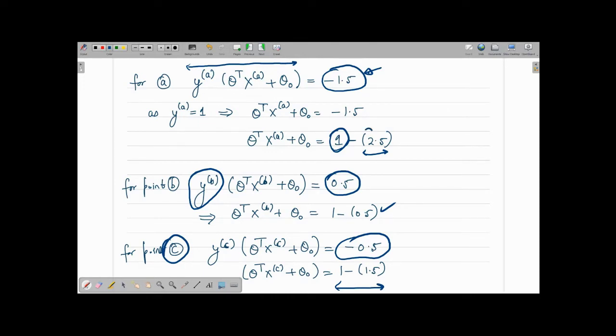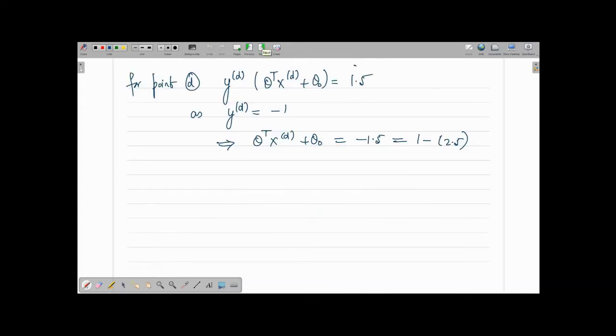So if I call this value 2.5 as zeta, let us say, so all these values over here are zeta 1, zeta 2, and this one will be zeta 3, and for the last point it can be plus 1.5. So we can write it as 1 minus 2.5, because it's the same thing. Please note, these labels have to be kept accordingly.